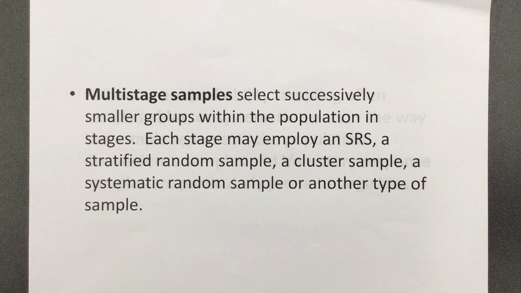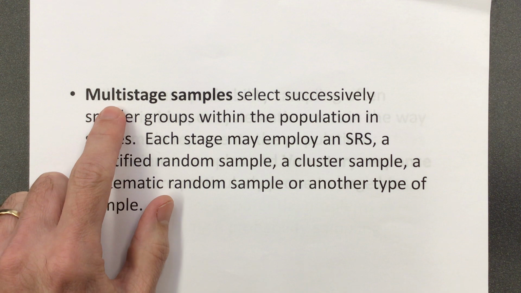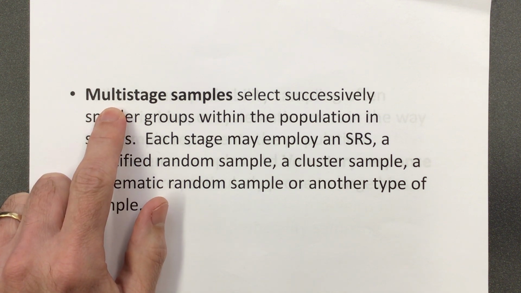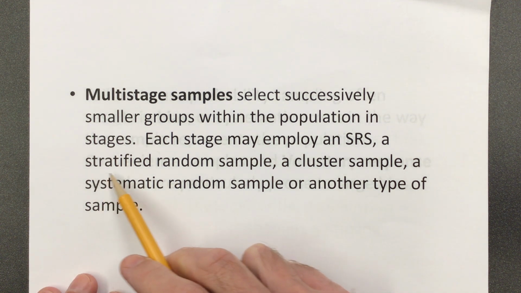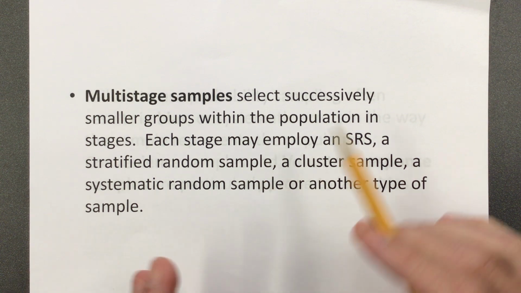and so forth. So what we want to do when we have an overwhelmingly large population is a multi-stage sample. Before we start assigning numbers to everyone, we try to break things down and get a more manageable subset. So maybe our first technique is we use a stratified random sample to break things down.